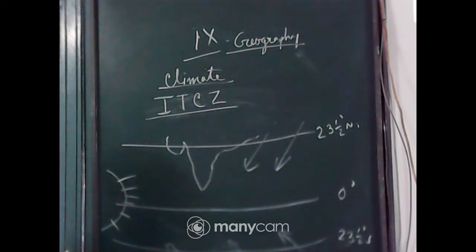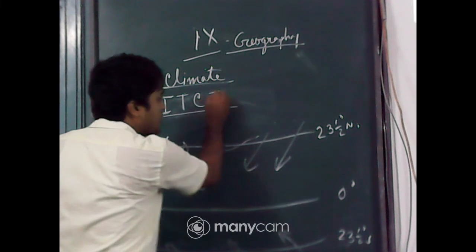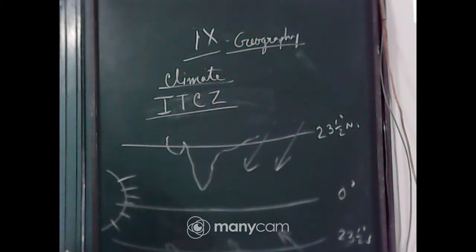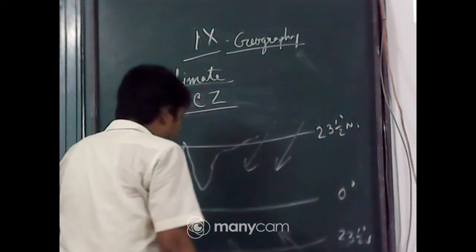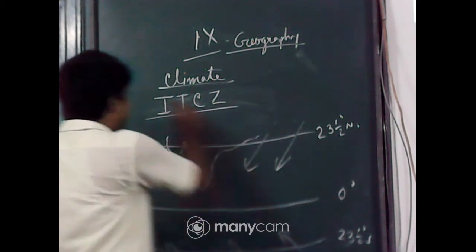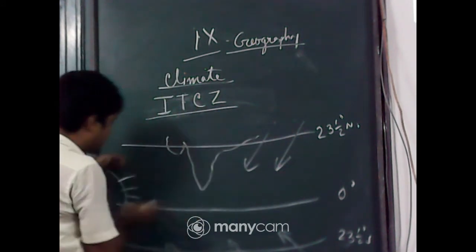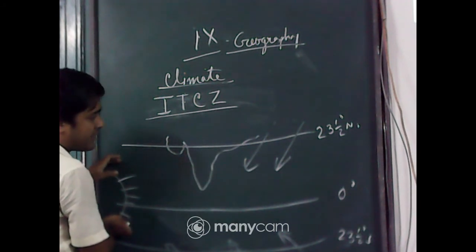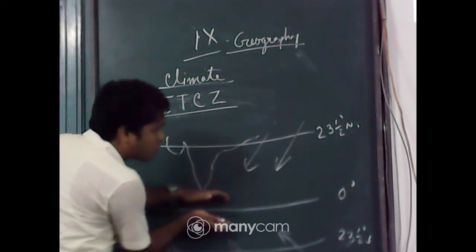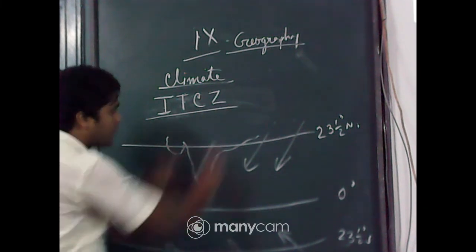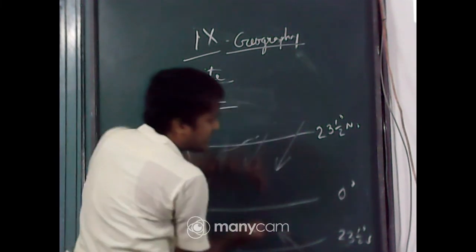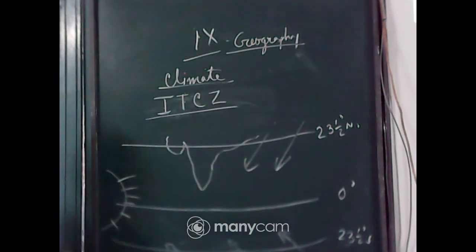That's why it is called the intertropical convergence zone. Intertropical means in a tropical region, because the sun is vertically situated in that area, and low pressure also forms. Due to that, winds come from different directions and converge here. Converge means mixed.